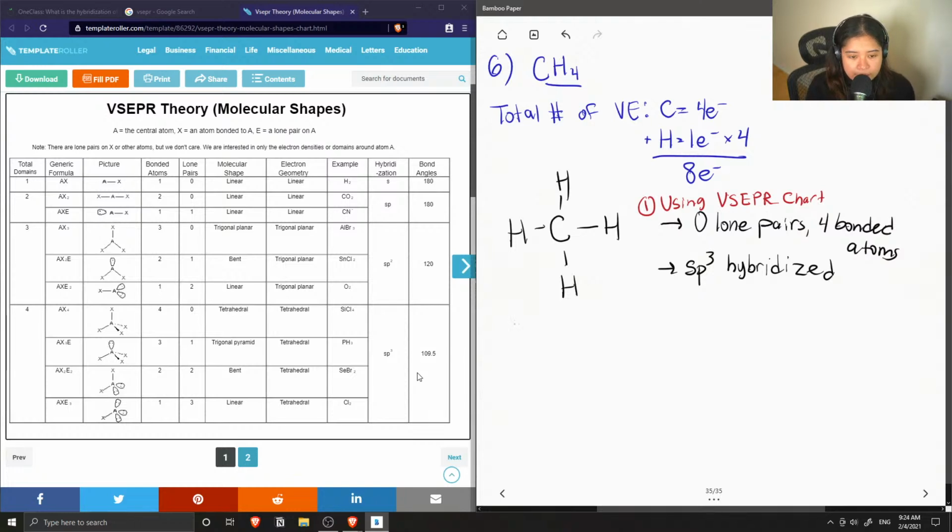But let's say we aren't given a VSEPR chart, like during a quiz or something. So we just need to find its hybridization. Another method we can do is by counting the number of charge clouds.